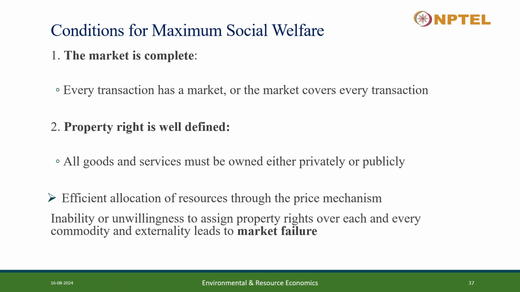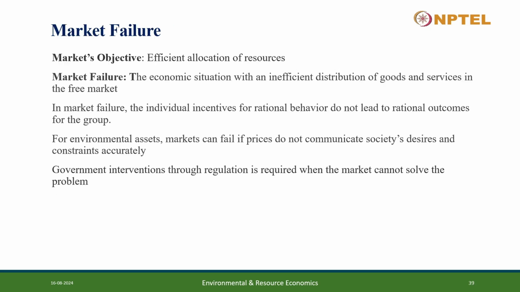The market fails in the case of environmental goods and services because these goods and services cannot be given property rights. So let's say clean air. There is no property right of clean air, or of a big forest or anything else, right? If the property right is given to a certain entity, then the market may function better.